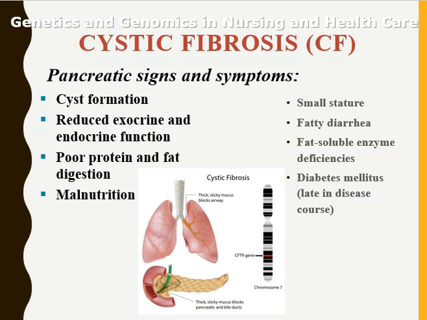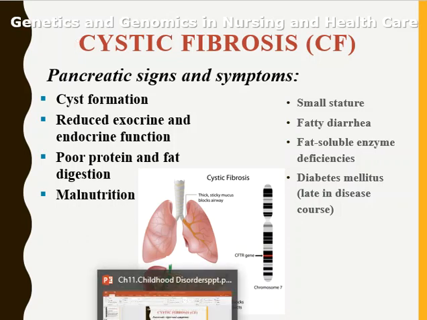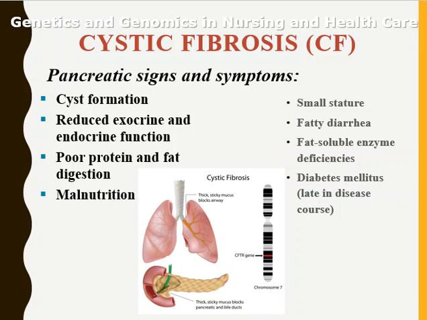And that decrease in the digestive enzymes results in malnutrition, which also leads to small stature because you need food to grow, and fatty diarrhea or steatorrhea. And there's also a decrease in fat-soluble vitamins as well. Diabetes mellitus occurs very late in the disease. So it's that exocrine function of the pancreas that's going to be affected first.